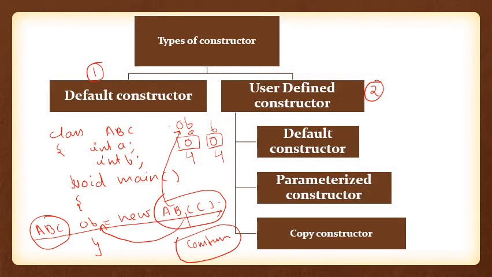If integer is there, 0. If double is there, 0.0d. If float is there, 0.0f. If character is there, single quotes. If a string is there, double quotes. So that constructor is known as a default constructor.